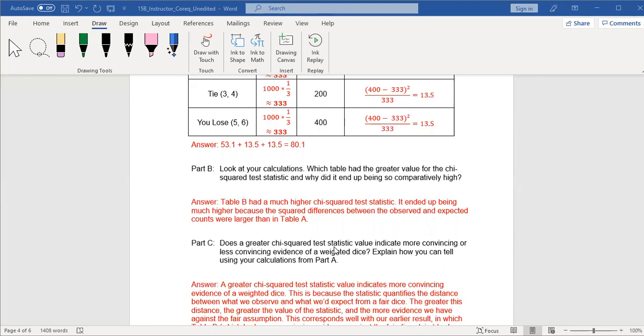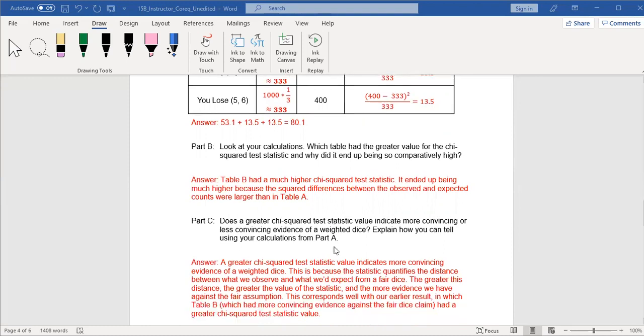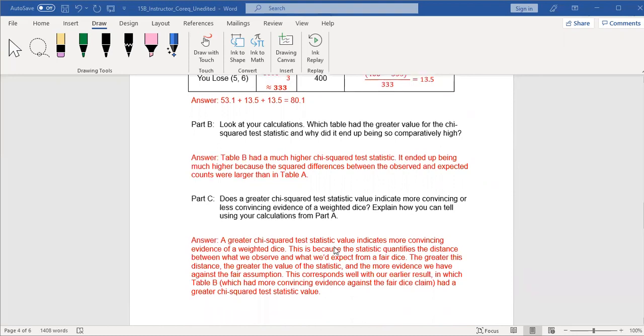This is because the test statistic quantifies the distance between what we observe and what we expect from a fair dice. The greater this distance, the greater the value of the statistic, and the more evidence we have against the fair assumption.